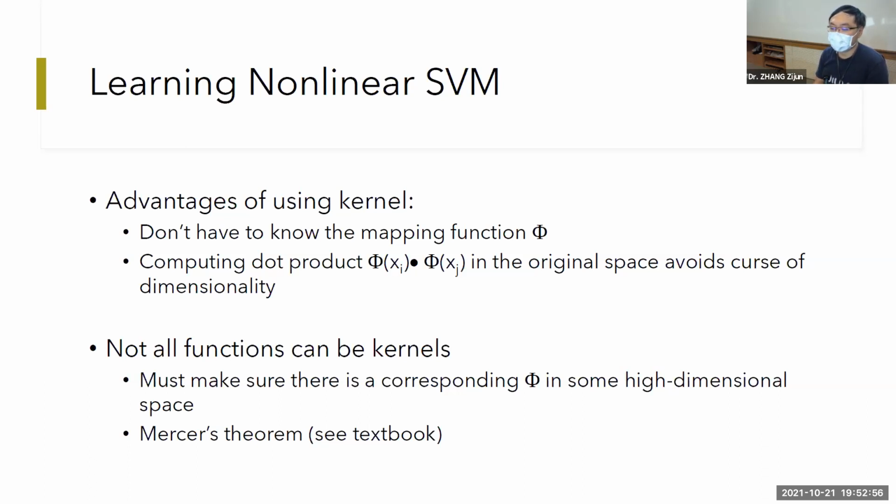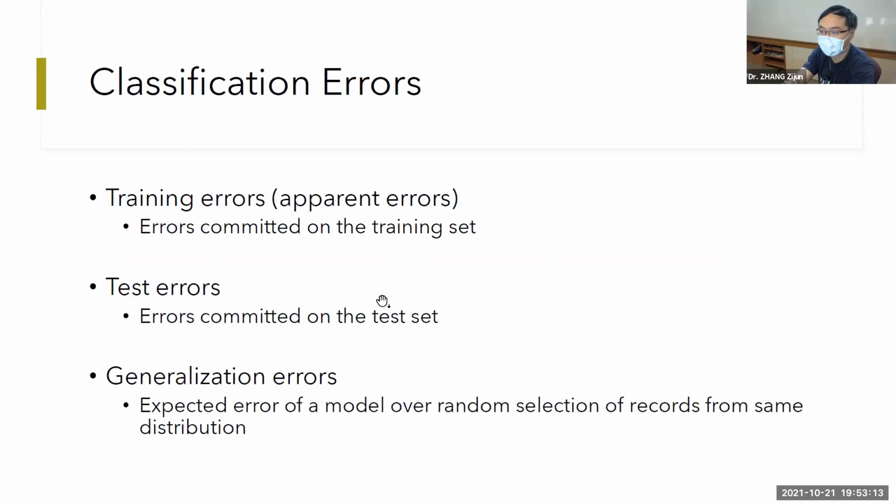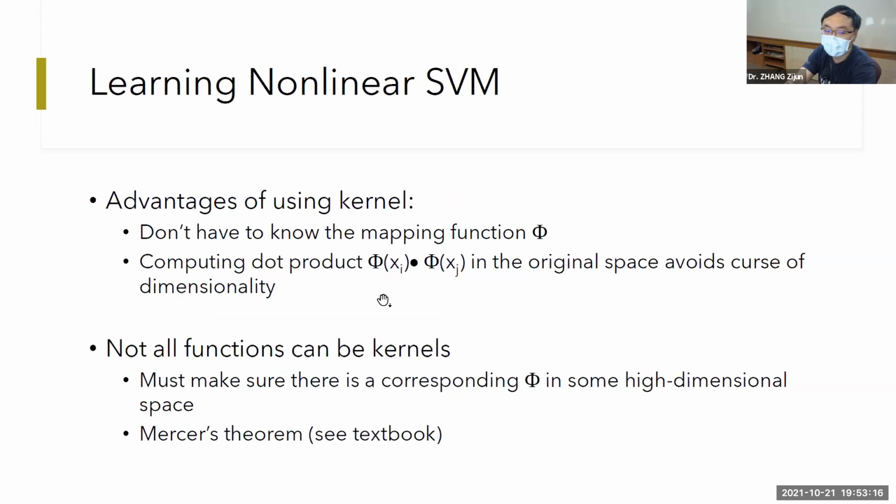So you must make sure that there's a corresponding kernel in some high dimensional space. Or you can check Mercer's theorem. That is a little bit theoretical part. You can refer to the textbook if you have interest in exploring the theory of SVM.